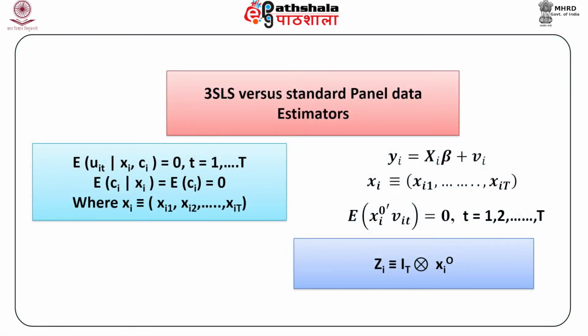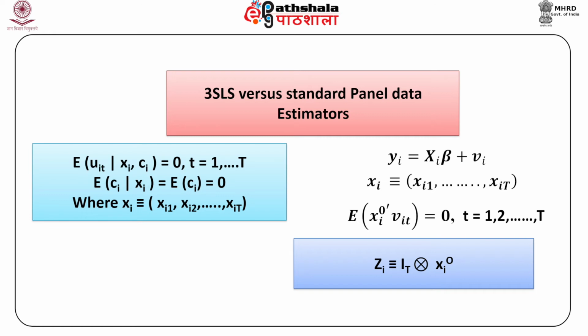So suppose first that the following assumptions of the random effects model hold: (a) expected value of u_it given x_i and c_i is equal to 0 for t ranging from 1 to capital T, and (b) expected value of c_i given x_i is equal to expected value of c_i, equal to 0, where x_i is equal to (x_i1, x_i2, ..., x_iT), so that expected value of c_i given x_i is equal to 0.